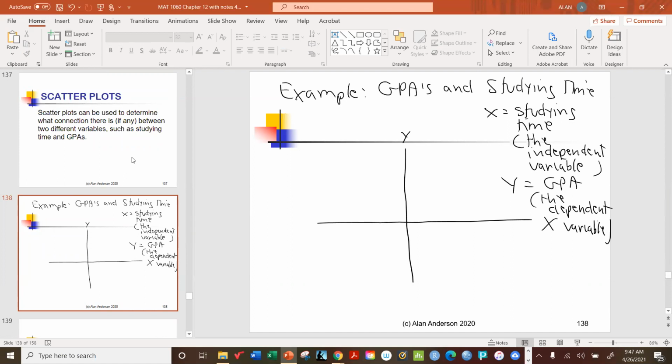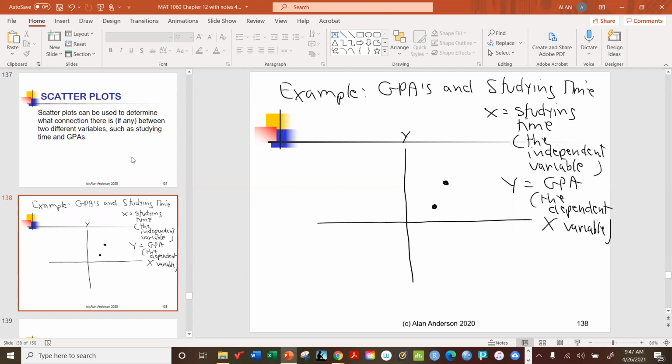So what we've done is we've gathered up data about a bunch of students. We wrote down their studying time and their GPAs, and each point on this graph will be a single student's information. Like this point could represent a student who studies 5 hours a week and has a GPA of 2.9. And this, for example, could be a student who studies 8 hours a week and has a GPA of 3.1.